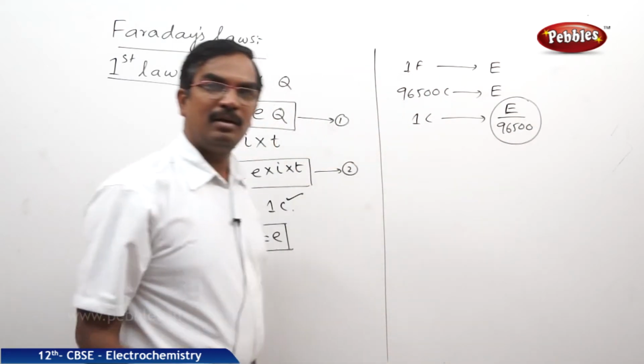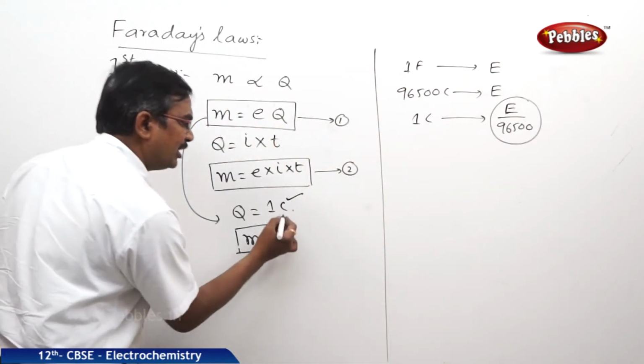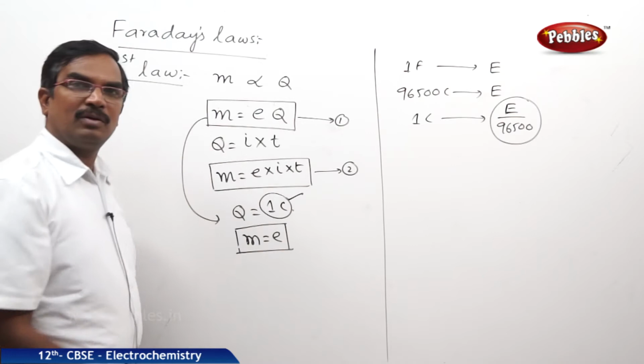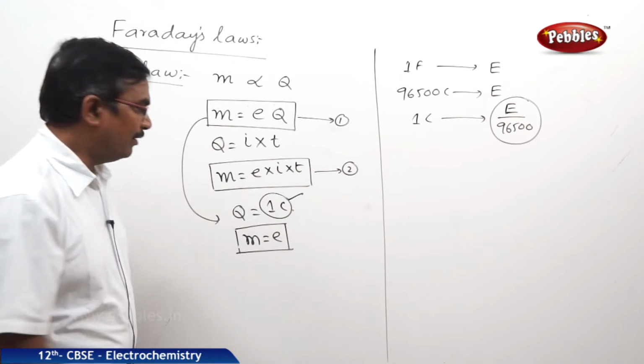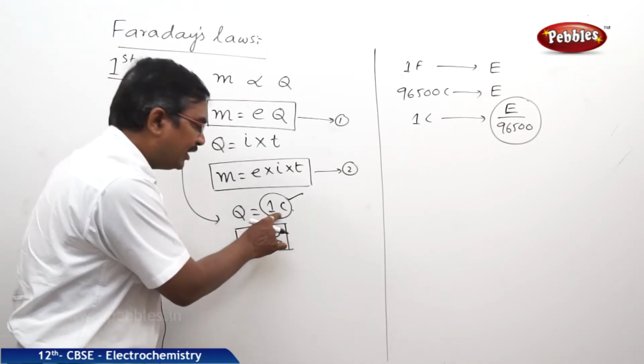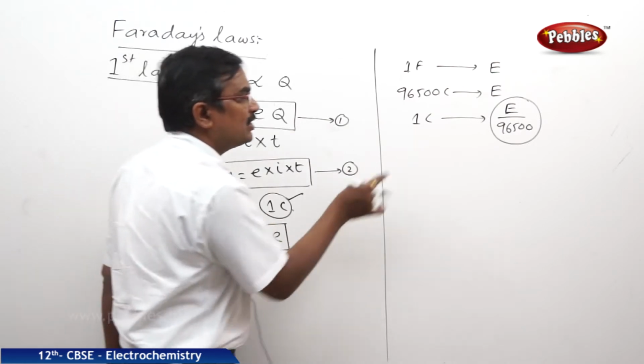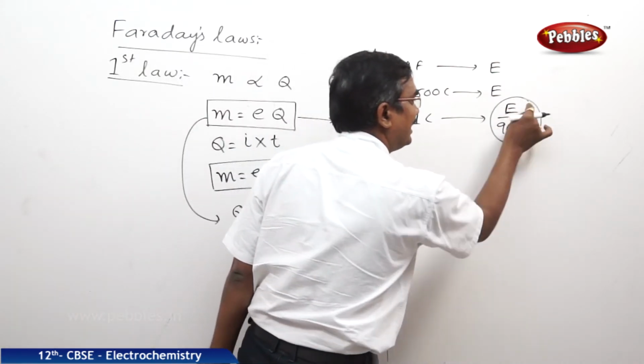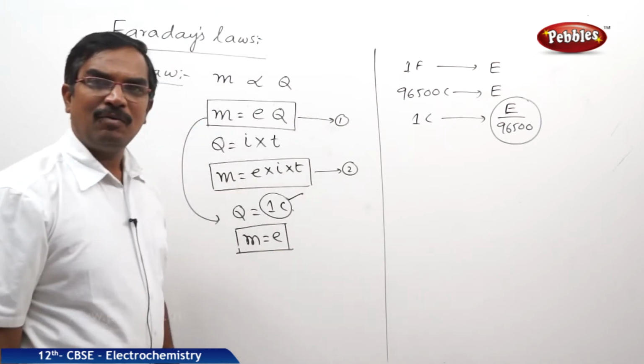Now as per definition here, how much charge are we using? 1 coulomb. If it is 1 coulomb, what mass are we getting here? E divided by 96,500.